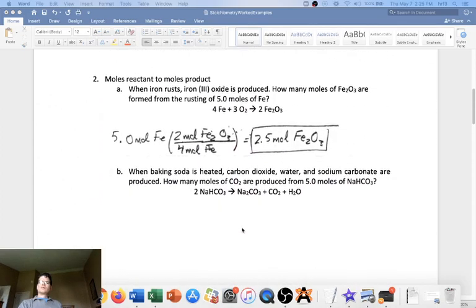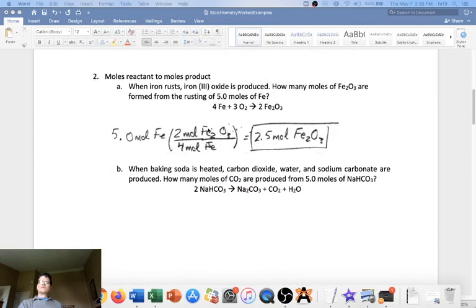All right. We can also do a simpler problem where we're just going from moles to moles. So here I have a balanced reaction for the rusting of iron. How many moles of rust are formed from the rusting of 5 moles of iron? So we're already at moles, so we don't need the molar mass because we already know it's a 4-to-2 ratio in moles.